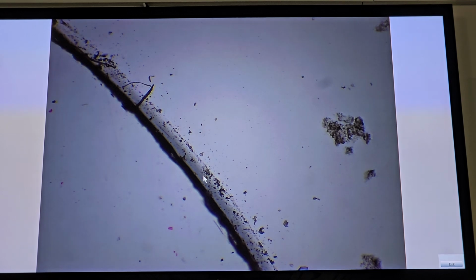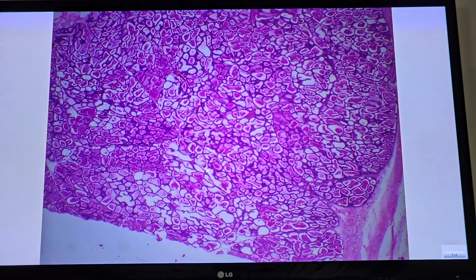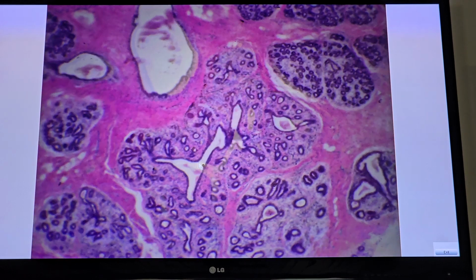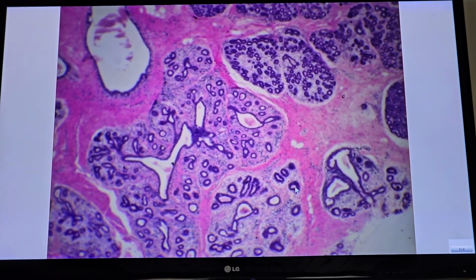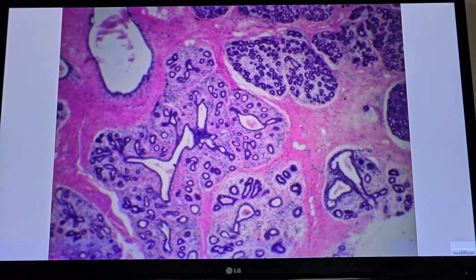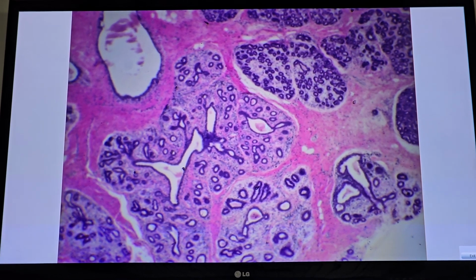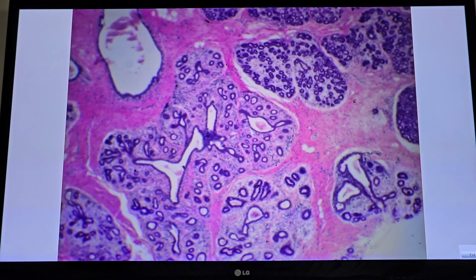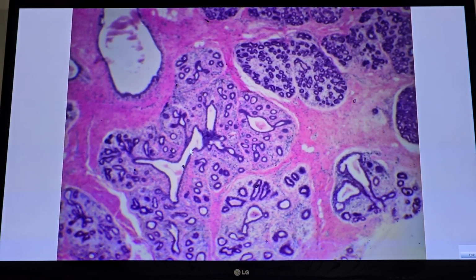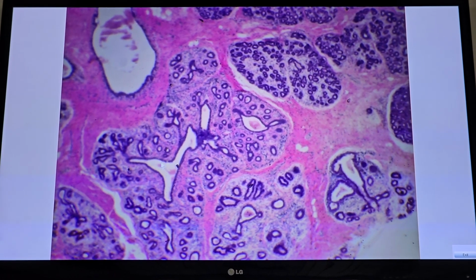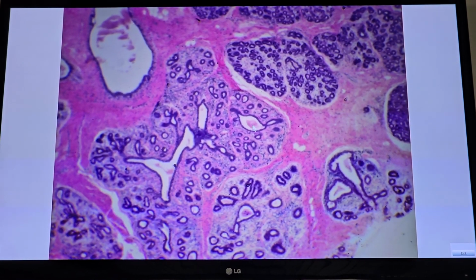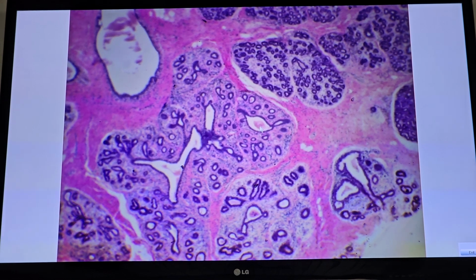Mammary gland during lactation, during the pregnancy. This is mammary gland during the pregnancy. We can see the alveoli or the secretory units together with the terminal and lactiferous ducts are filled with a fluid called colostrum.